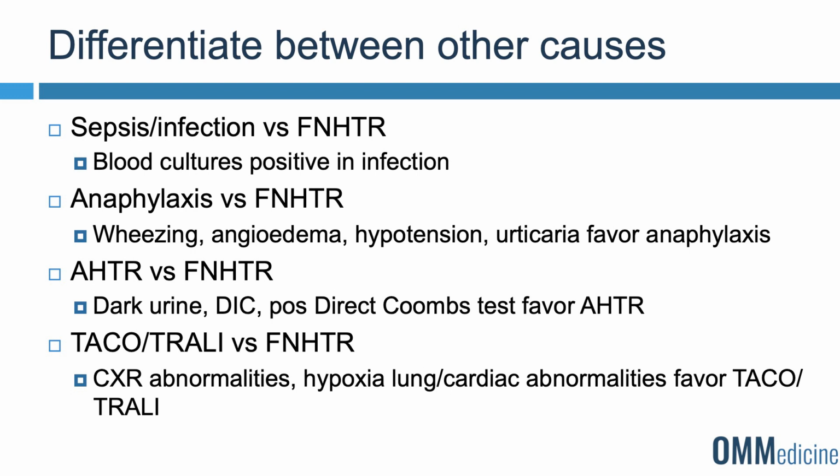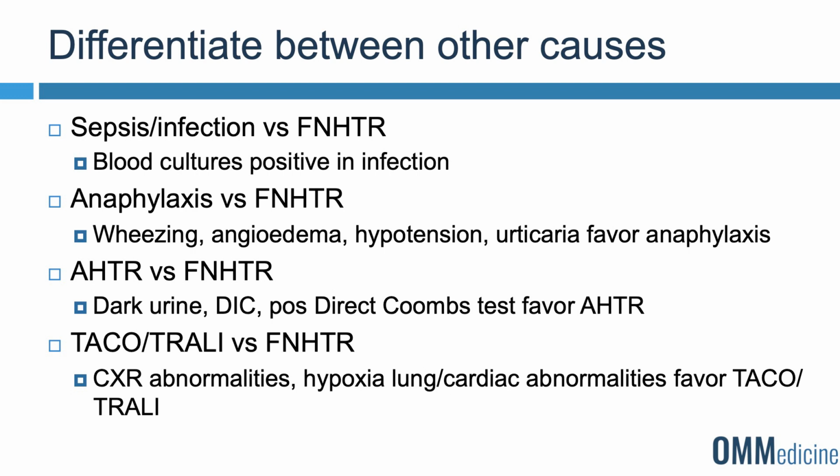The best way to differentiate acute hemolytic transfusion reaction from a febrile non-hemolytic transfusion reaction is to remember that it is hemolytic or not. So in an acute hemolytic transfusion reaction, we'll have destruction of red blood cells, and therefore we will get symptoms like dark urine, we can get DIC, and then a direct Coombs test will also be positive, and all of those things will favor the acute hemolytic transfusion reaction and are typically not going to be seen in a febrile non-hemolytic transfusion reaction.